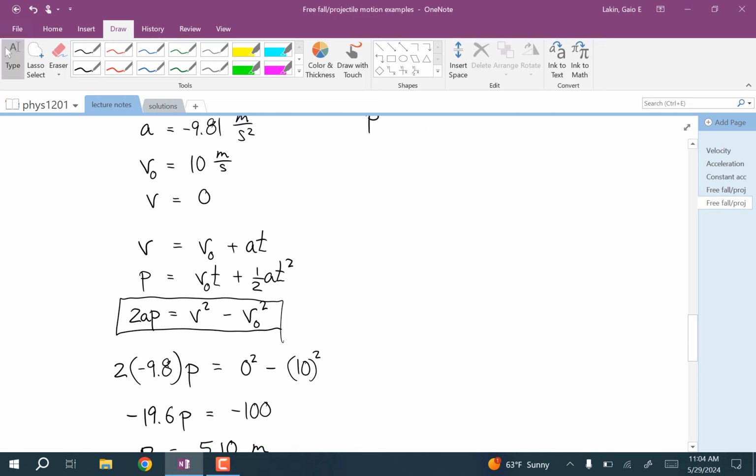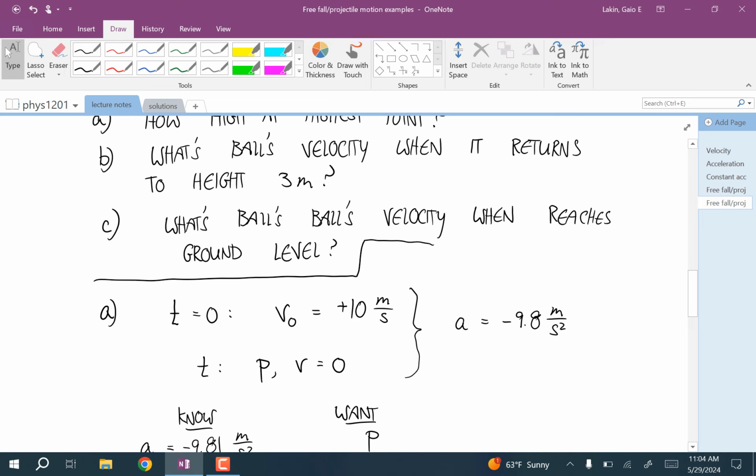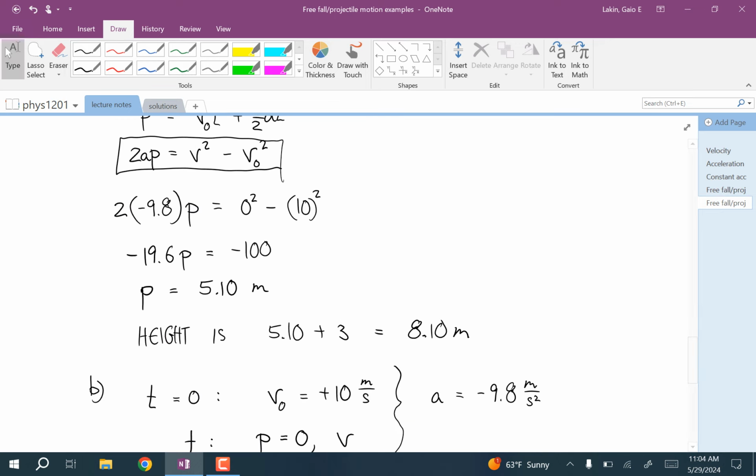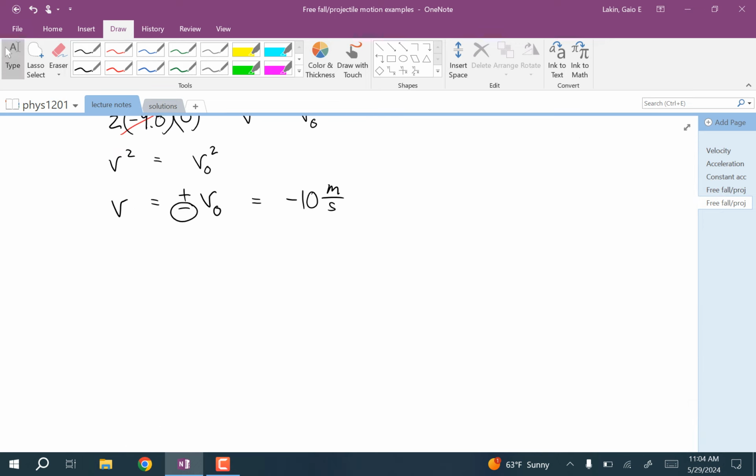And the last part of this, what's the ball's velocity when it reaches the ground level? Again, we're going to turn the stopwatch on when this thing is thrown into the air. So that's going to be our time equals 0. We know that v sub 0 is equal to positive 10 meters per second.